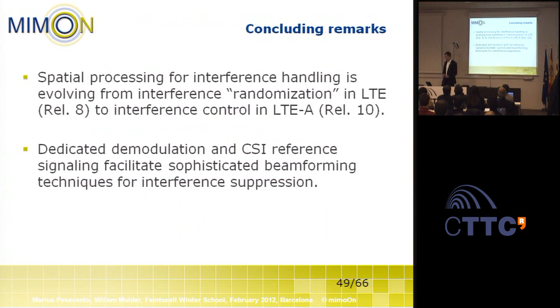The message I wanted to convey in this talk is that spatial processing for interference control is enabled in LTE, and in fact, as we look at the evolution of LTE from release 8 to release 10, we see that from primarily spatial processing techniques which are based on interference randomization by choosing random beamformers, we are now evolving to more advanced spatial processing techniques where we actually form dedicated beams for the different users to actually control the interference among the users.